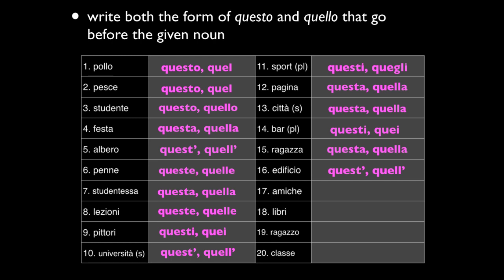Edificio is quest'edificio, quell'edificio. 17, amiche is queste amiche, quelle amiche. 18, libri, questi libri, quei libri. 19, ragazzo is questo ragazzo and quel ragazzo. And then 20 is feminine singular, that is la classe, questa classe, quella classe.